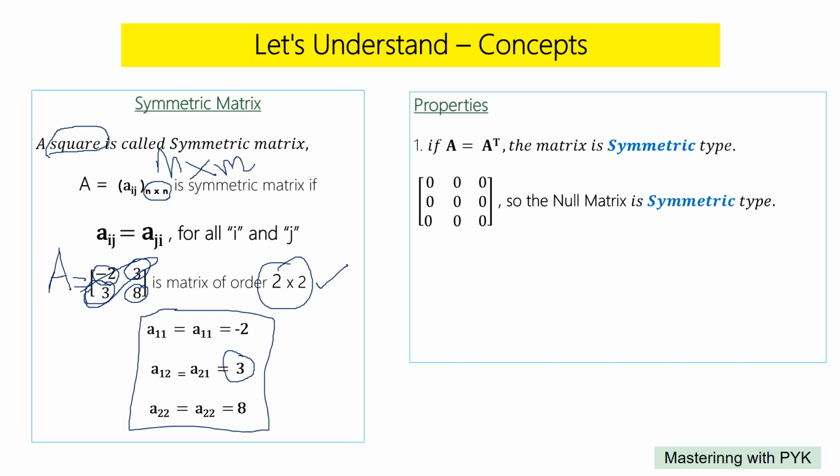Right? So if the transpose of a matrix is the same, meaning if a matrix and its transpose are equal, and when we say equal, each element of the matrix A is equal to the respective element of the matrix after transpose, then it is a symmetric matrix.